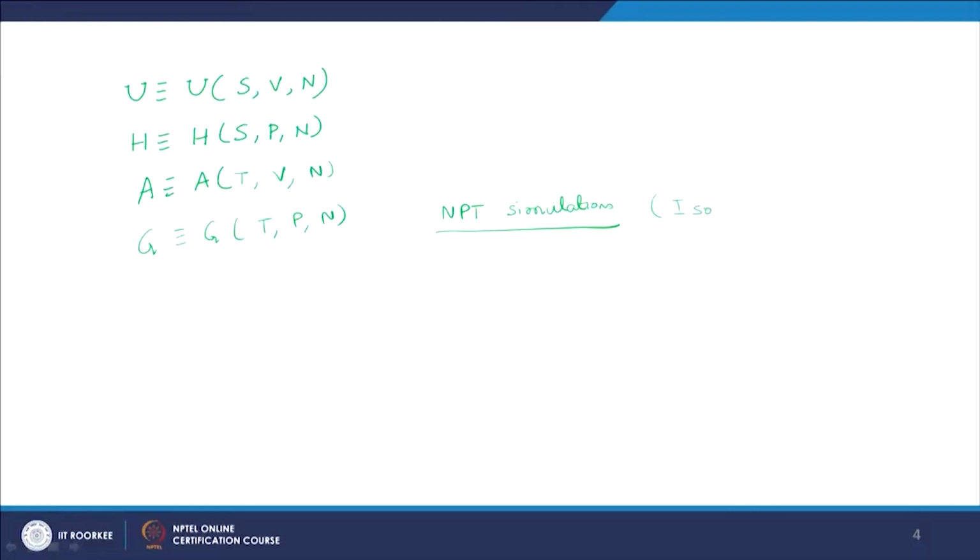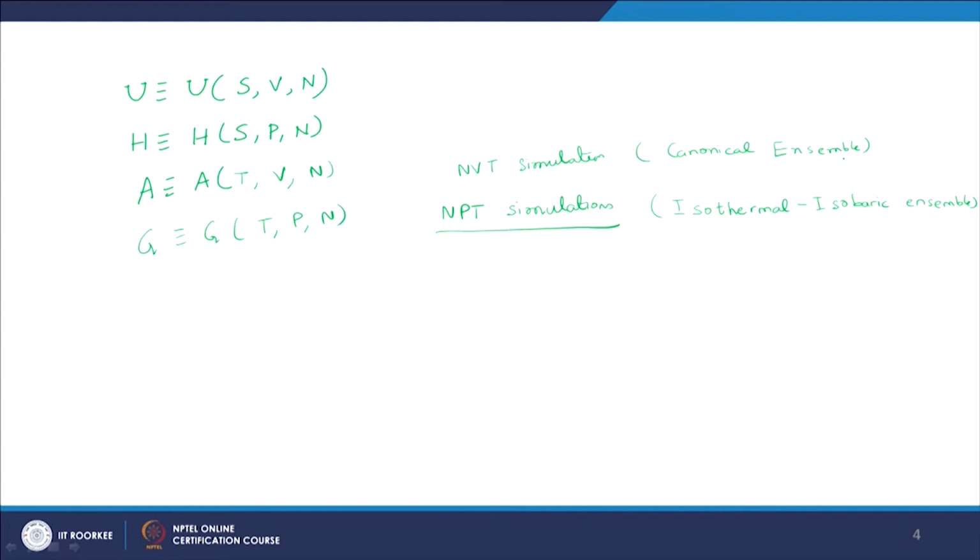So, the NPT ensemble is also known as an isothermal-isobaric ensemble. Then we can also do NVT simulations, which is referred to as a canonical ensemble.